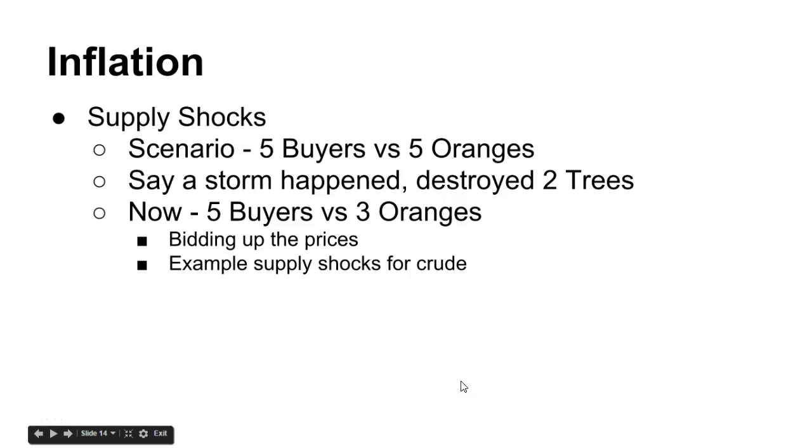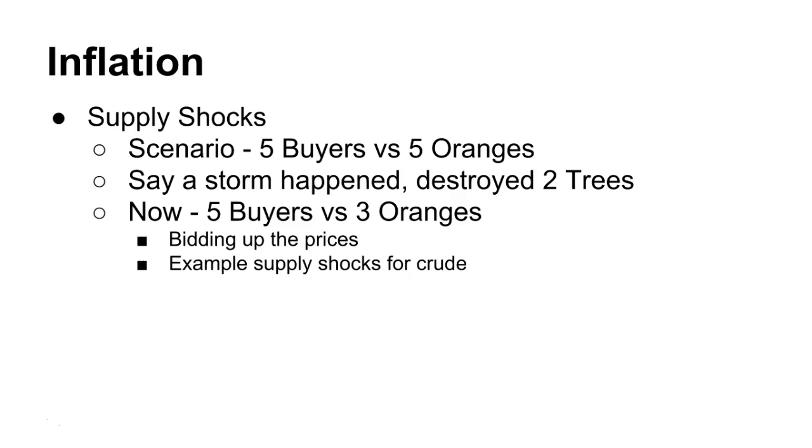So example number 1, supply shocks. Let me give you a scenario. Assuming we live in country A, whereby there are 5 people within this country, and all 5 of them love to eat oranges. Assuming one day there was a major storm and some trees were destroyed.